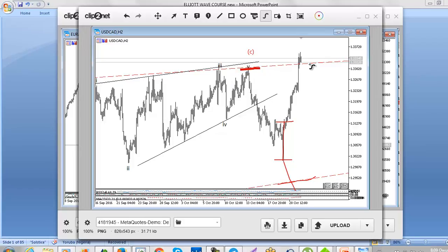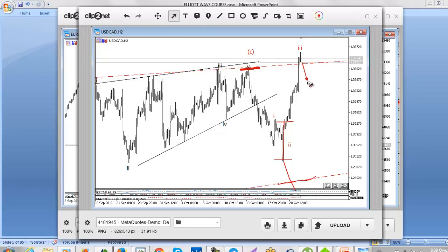So price may continue to go upside right now, and we're going to expect price to continue going up. So we're going to label this as probably the wave 1 move upside, and then the second one, and then we are seeing a third one upside, and then we may see a pullback before price resumes upside.